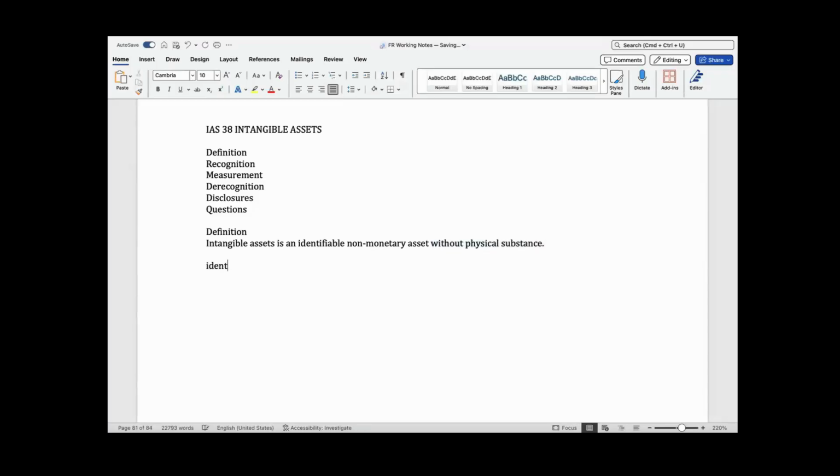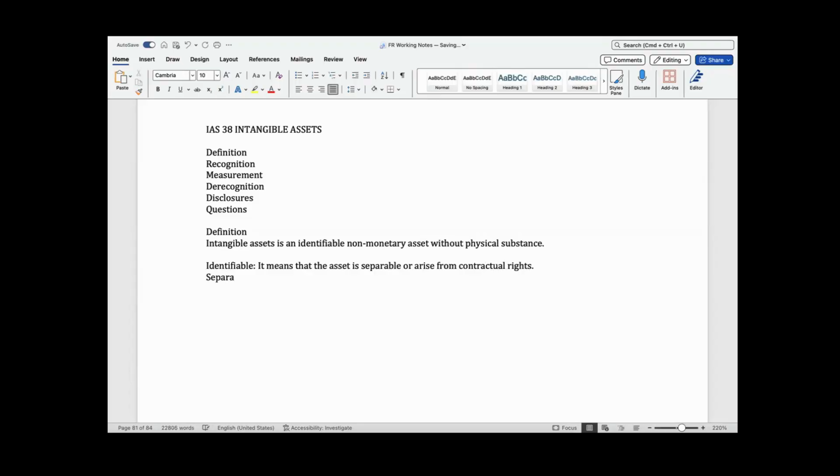Then the one that is not clear, which is identifiable. So what does that mean? This means that the asset is separable or arises from contractual rights. Okay.